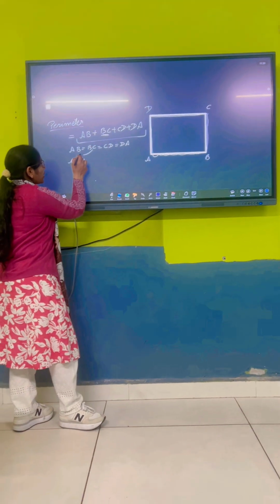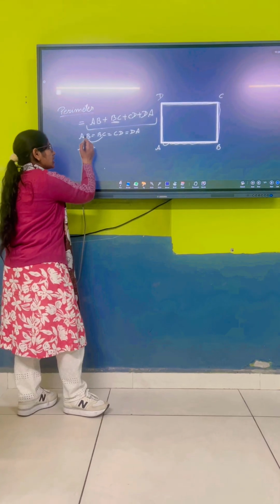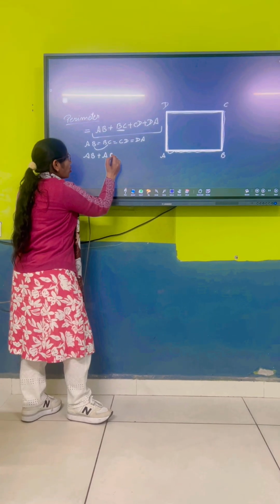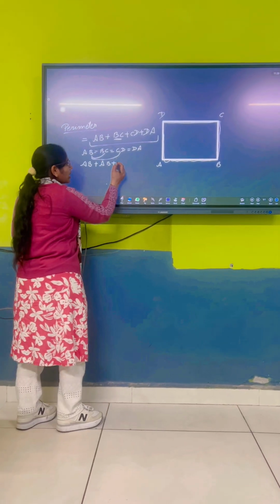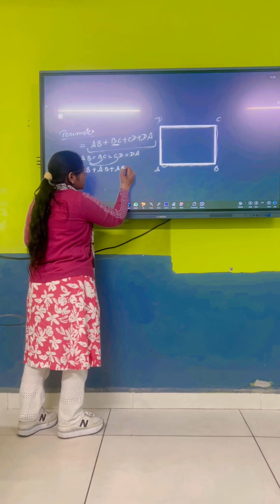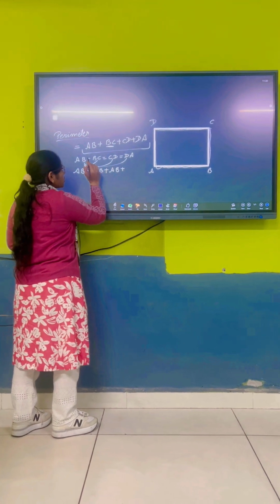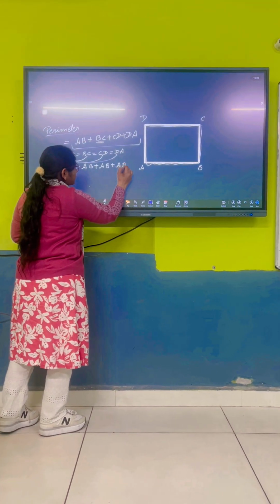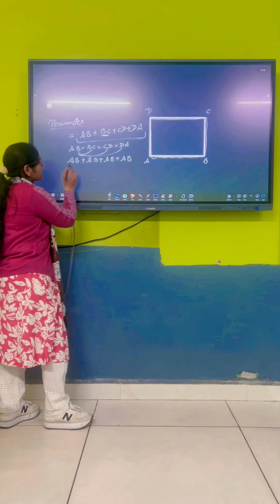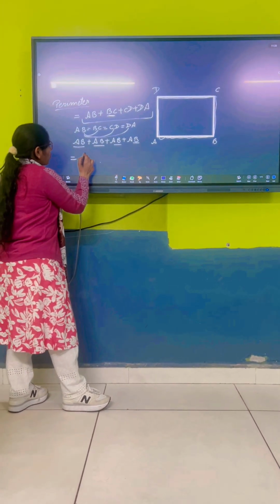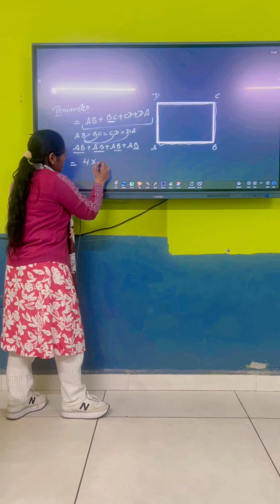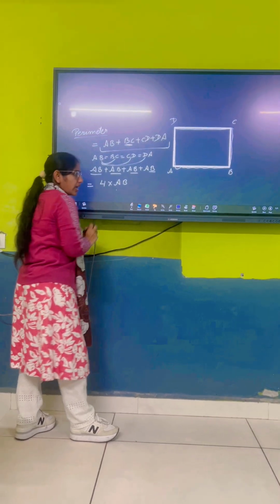We can put AB in place of BC, AB in place of CD, and AB in place of DA. When we add all these sides, AB, AB, AB, AB, that is 4 times AB.